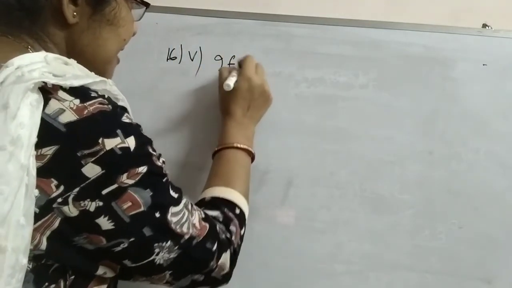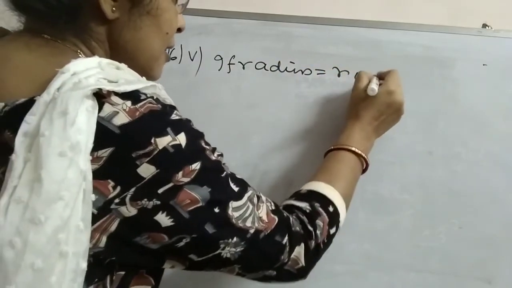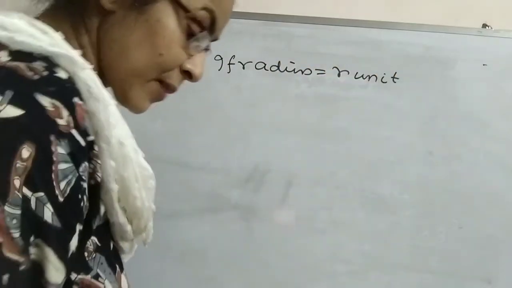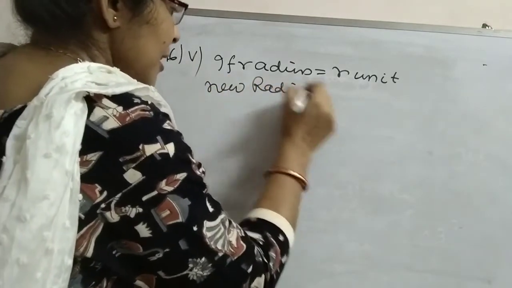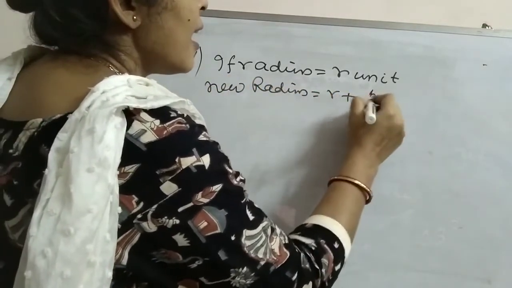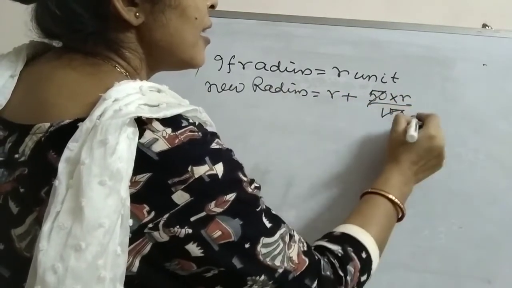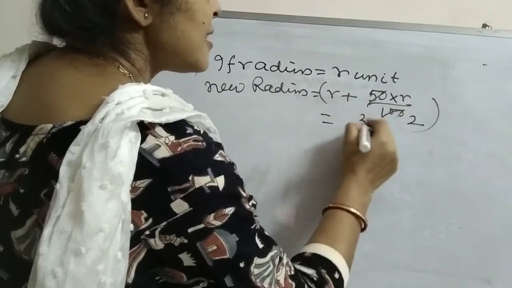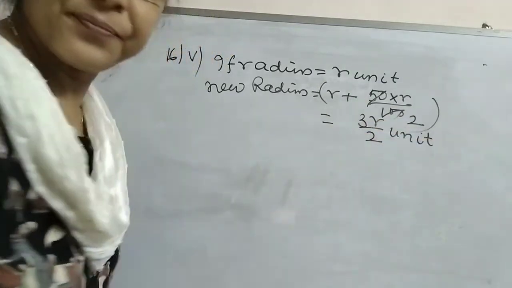If radius equal to R unit, new radius equal to R plus 50 into R by 100, that is 3R by 2 unit.